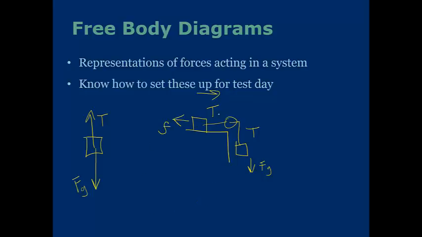This is not technically in equilibrium per se. However, this is just one example of a free body diagram. Knowing how to set these up and having a good understanding of your three laws, you will be able to calculate most equilibrium equations that come test day.